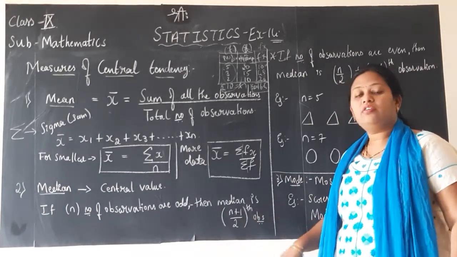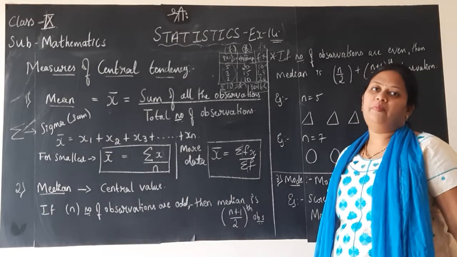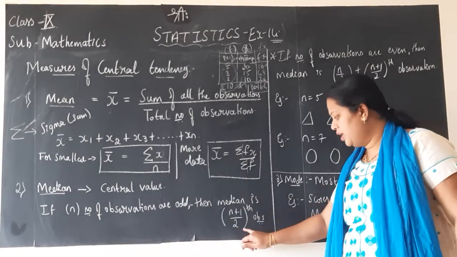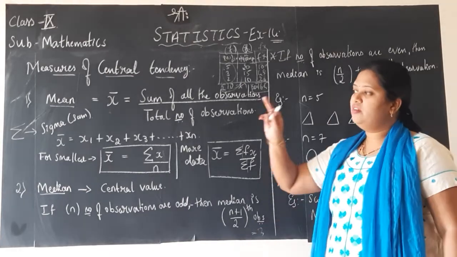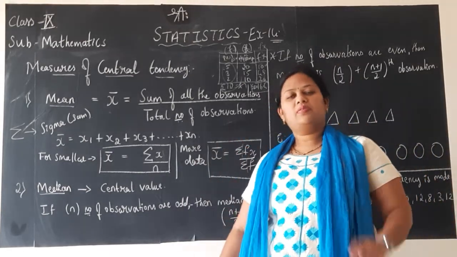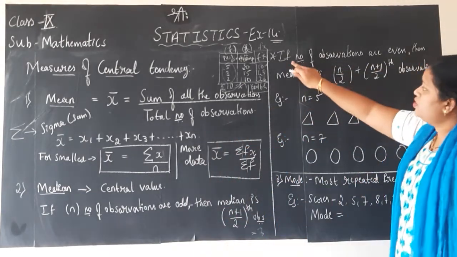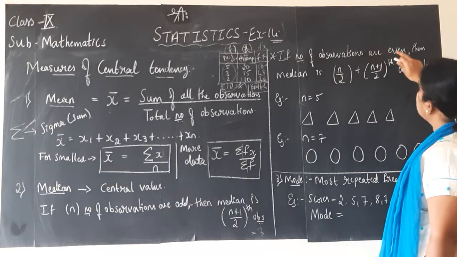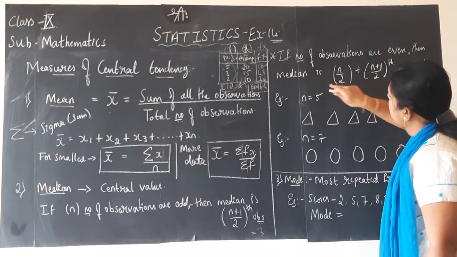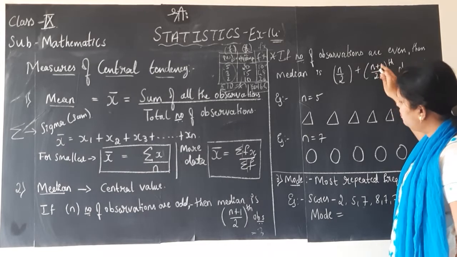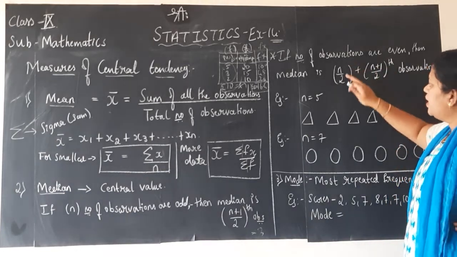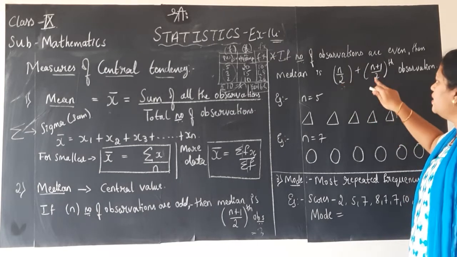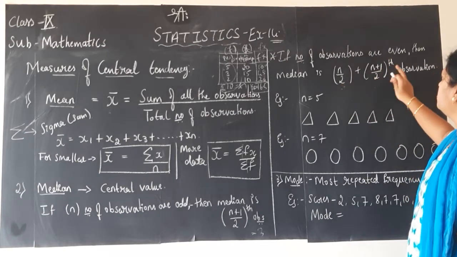You should pick the score at that observation. When you do n plus 1 by 2, suppose you got 3, you take the third observation value. I will teach you, don't worry. Suppose the number of observations is even, then median is the average of the n by 2th and the (n plus 1) by 2th observations. You find n by 2 and add it with the n plus 1 by 2th observation.